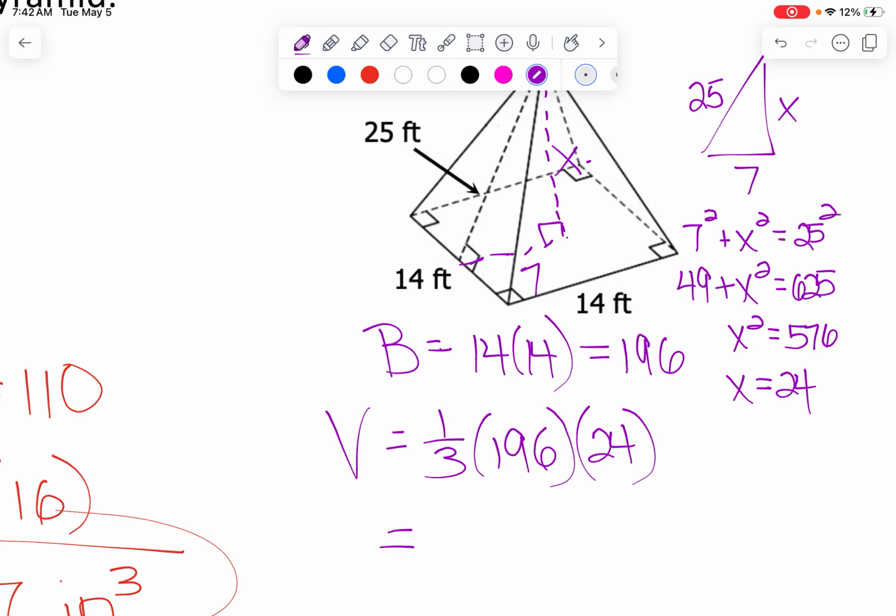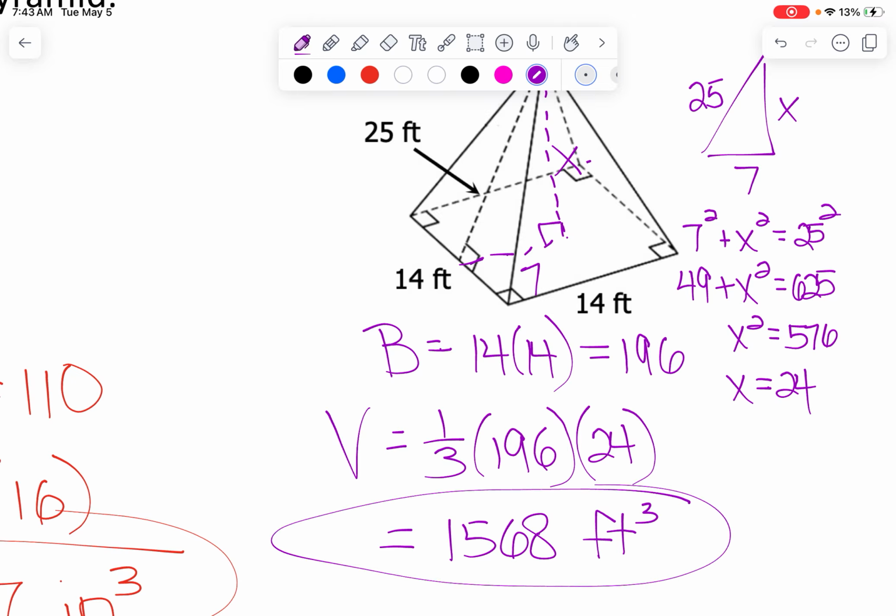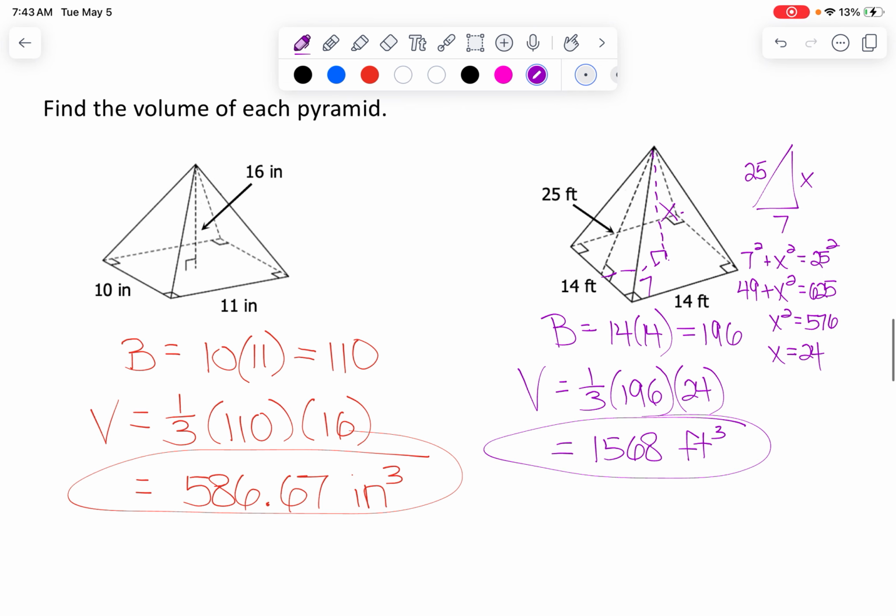And then we do some calculator work, and we get 1,568 cubic feet. And that is how you find the volume of a pyramid. So the space inside.